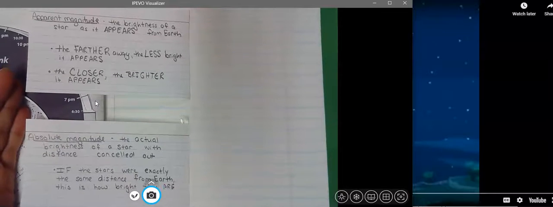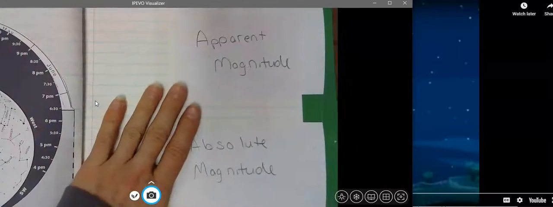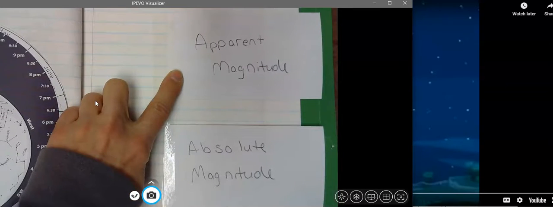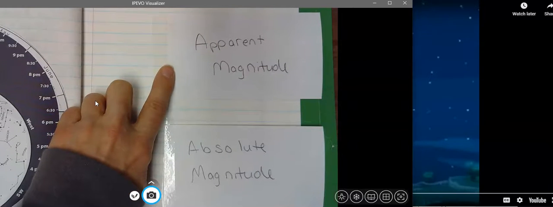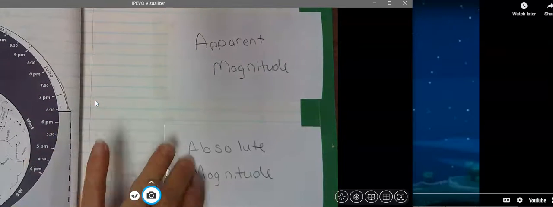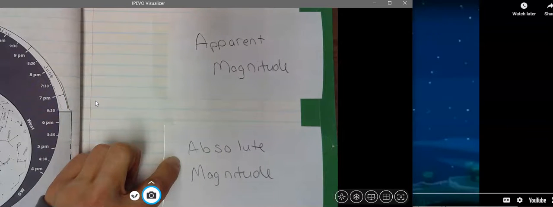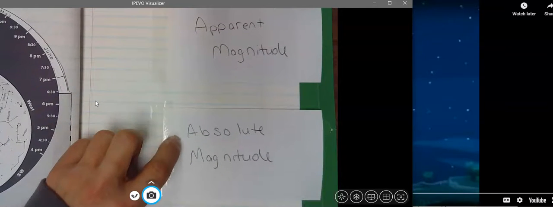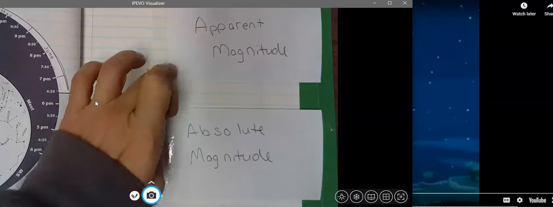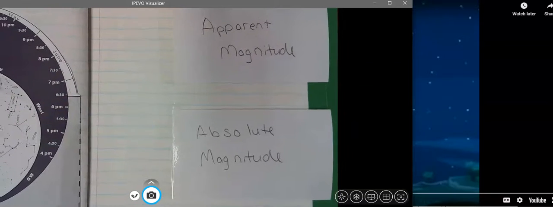The examples aren't as important with this part of our study as the fact that stars can look a lot brighter than other stars, but because of their distance, they're not truly that bright. So the difference between what we see on Earth and what truly is, as far as the brightness of stars, are two different measurements. Hope that was clear.